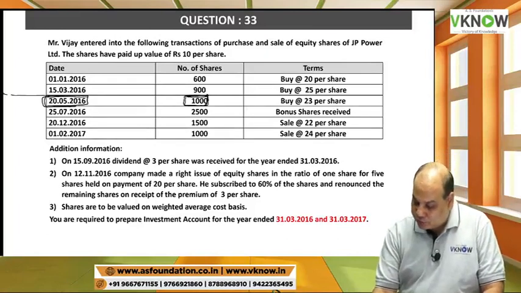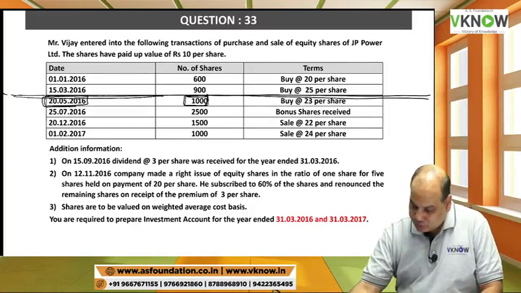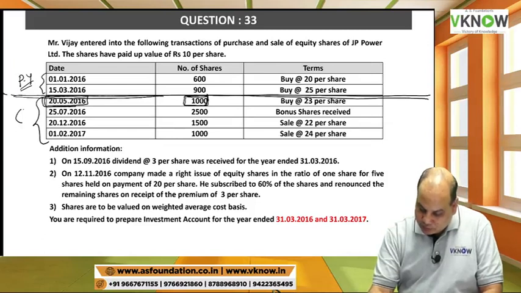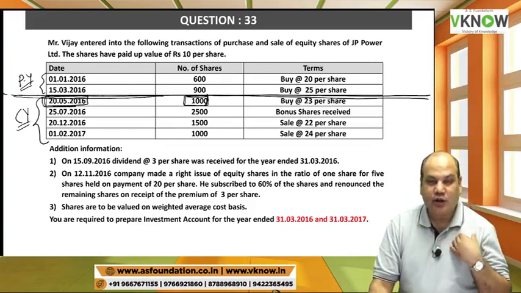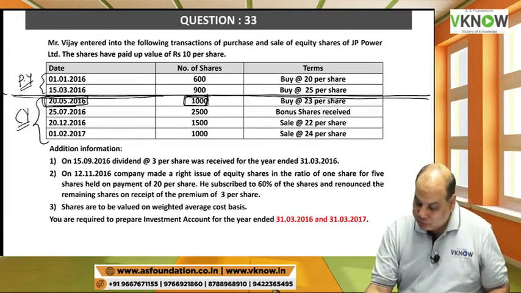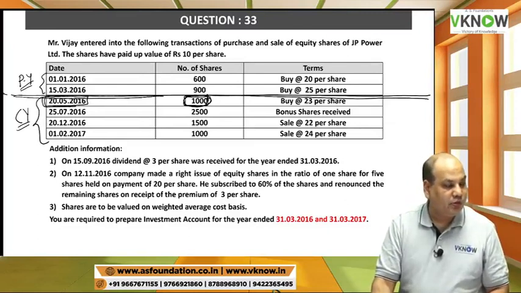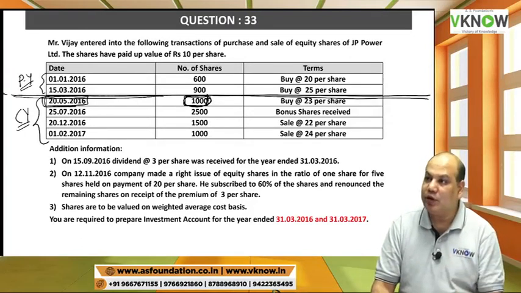So I will draw one line, a big line first. This is my previous year and this is my current year, 2016-17. Vijay purchased 1000 shares and on these 1000 shares also he received the dividend.